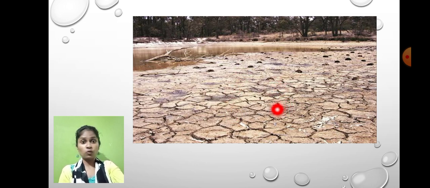If there is no water for a longer time, then the water which already existed will also evaporate faster. You know that liquid water evaporates faster in the sun at high temperature. So you can see that the land shown here is cracked land. The plants won't be able to grow there. If plants won't be able to grow in such a situation, we are dependent upon plants to get food material.